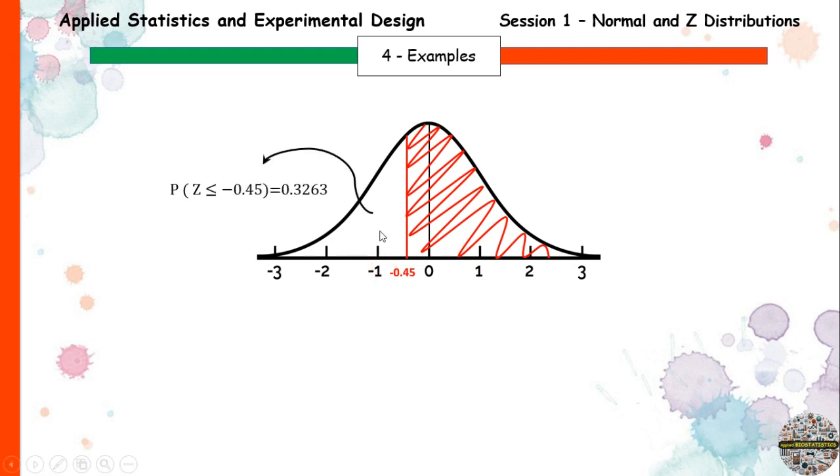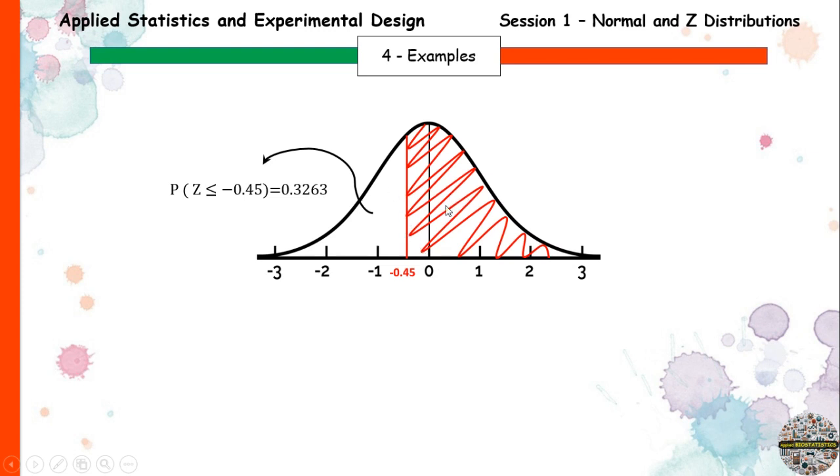So let's calculate this part. You can find it in the z-score table, and the probability for the z values equal or less than minus 0.45 is actually 0.3263.